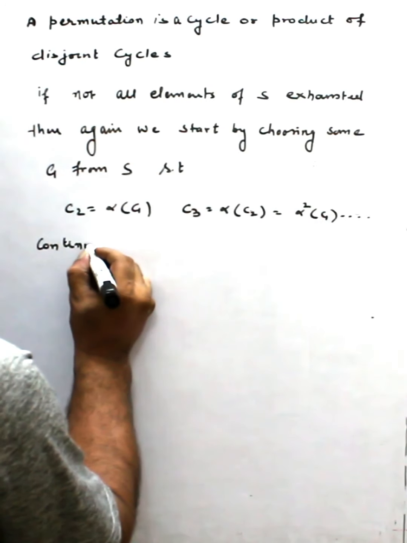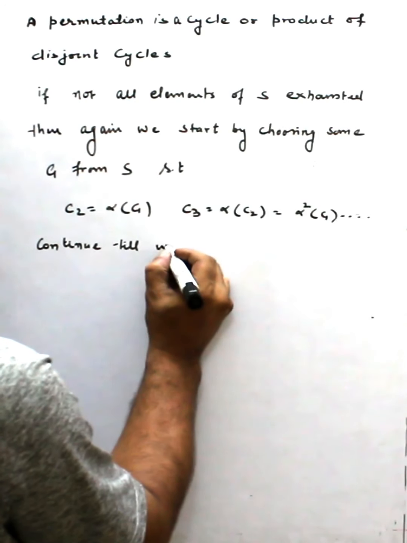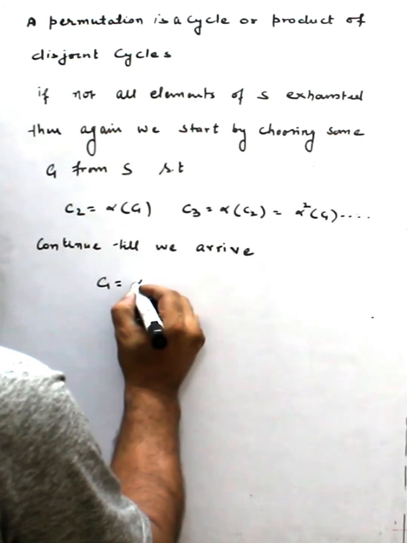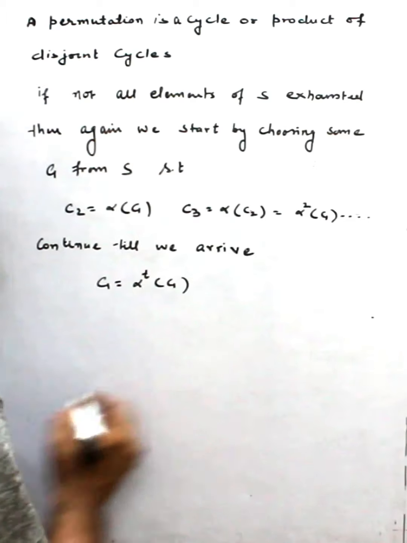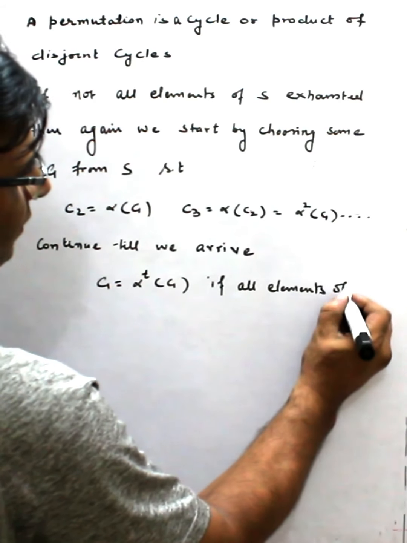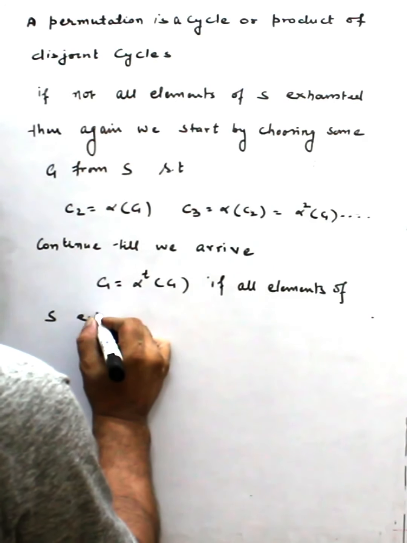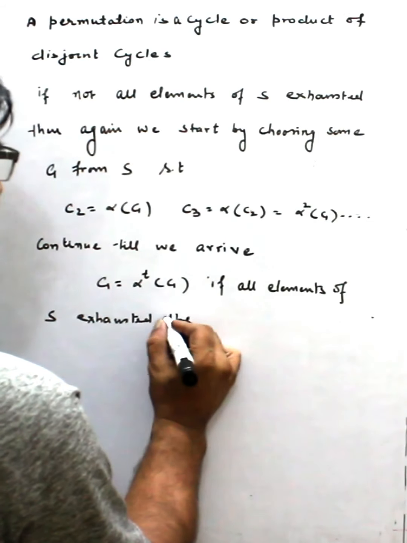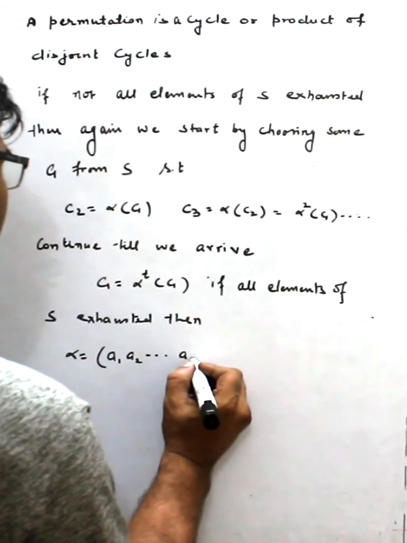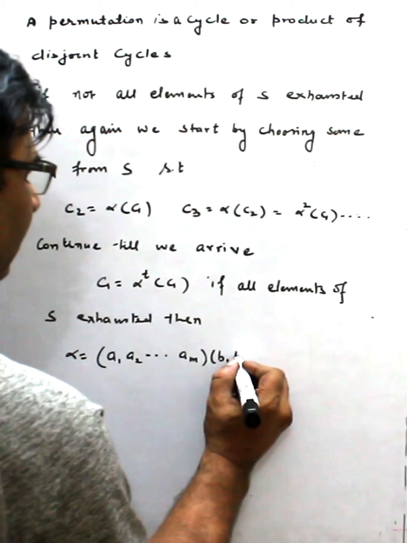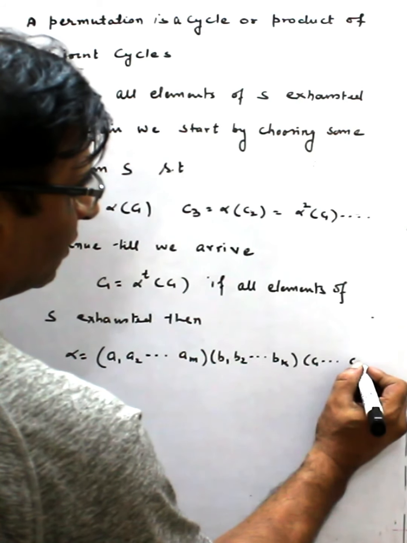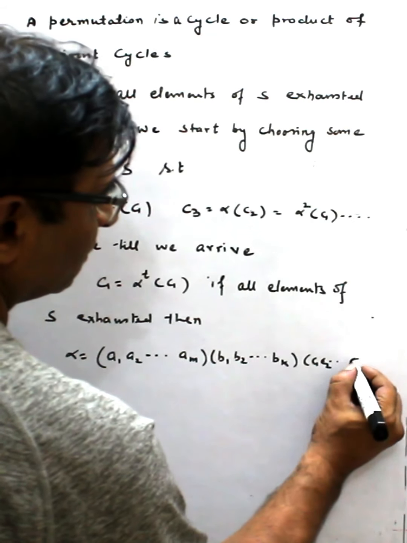Continue till we arrive at C1 is equal to alpha t C1, and if all elements of S are exhausted, then alpha is equal to (A1, A2, ..., Am)(B1, B2, ..., Bk)(C1, C2, ..., Ct).